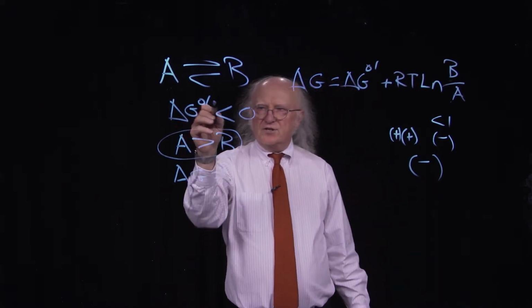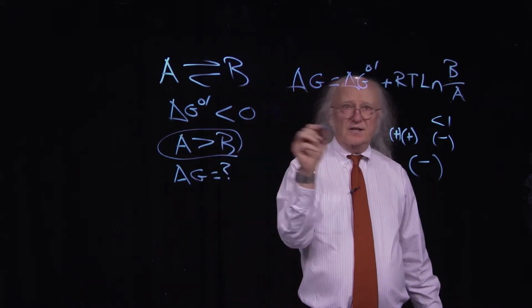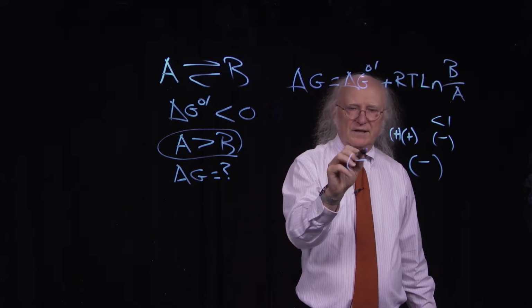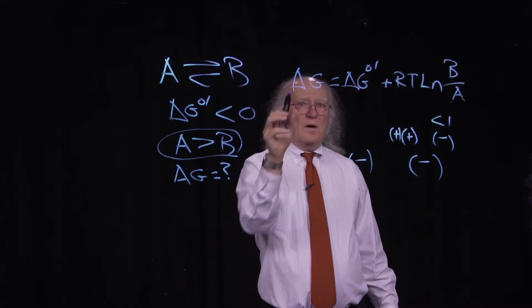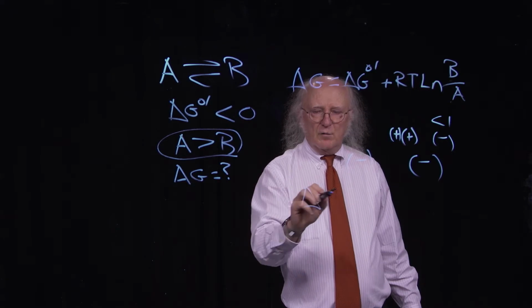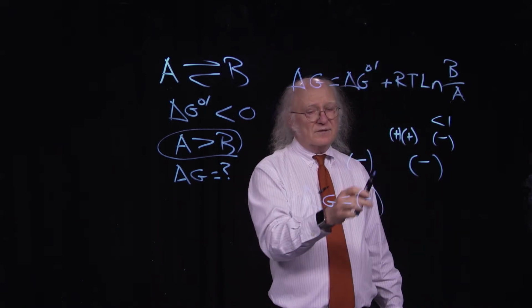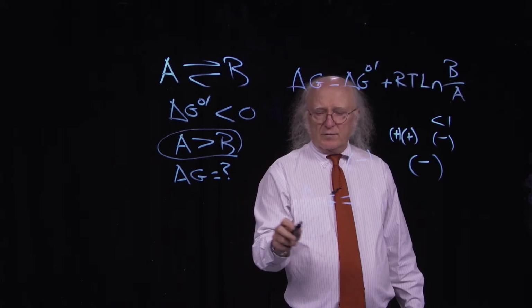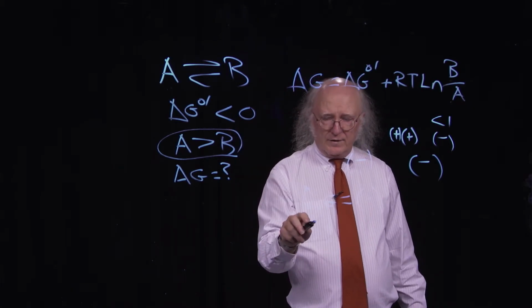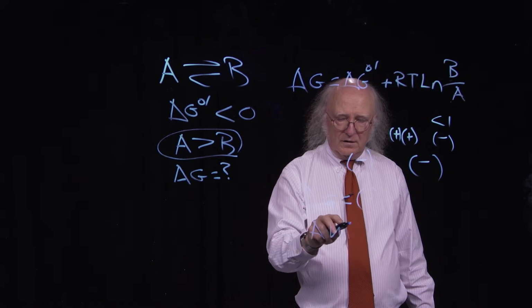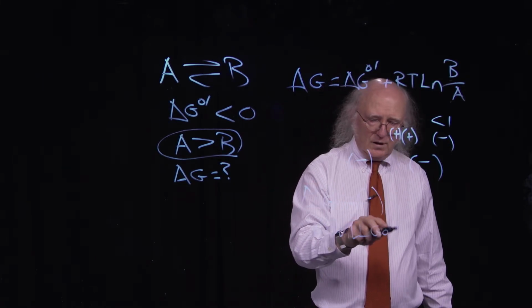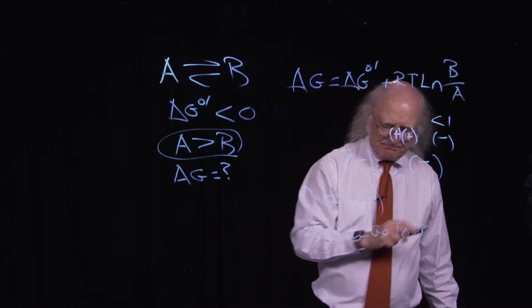We're told that delta G 0 prime is less than 0, which means that it also is a negative number. And so what can we say about delta G? Delta G is also a negative number. And when delta G is negative, that means that the reaction will go forwards as written. A will go to B.